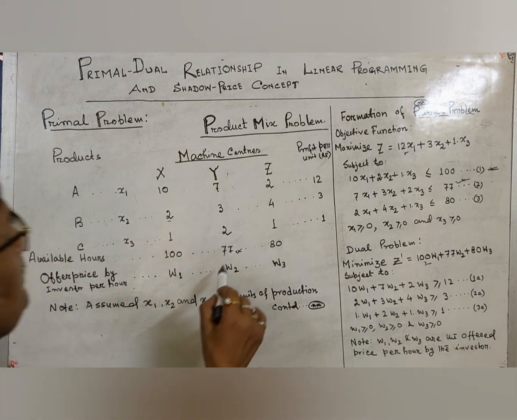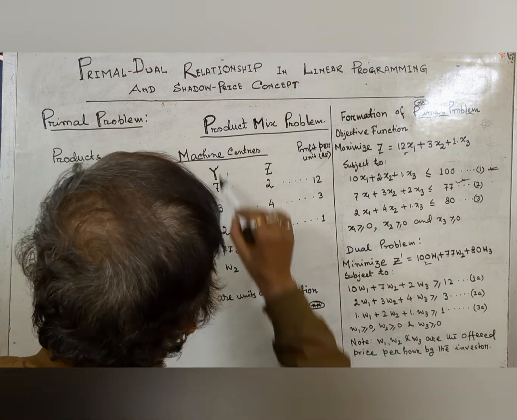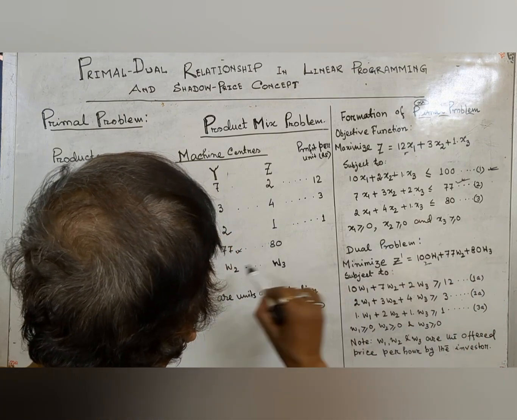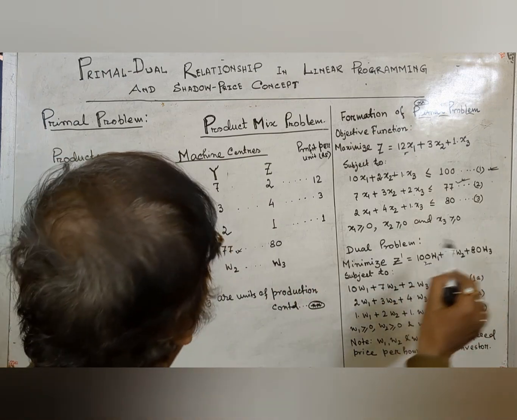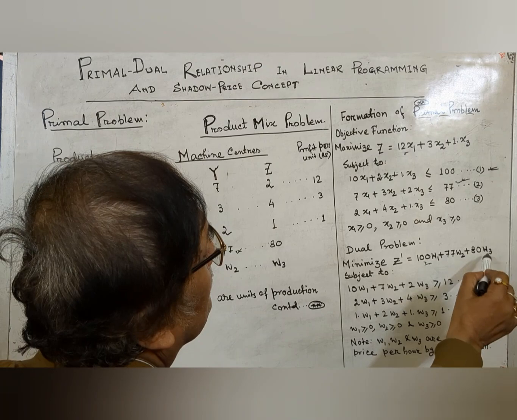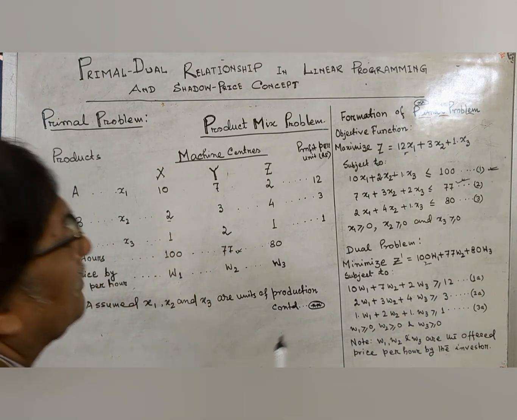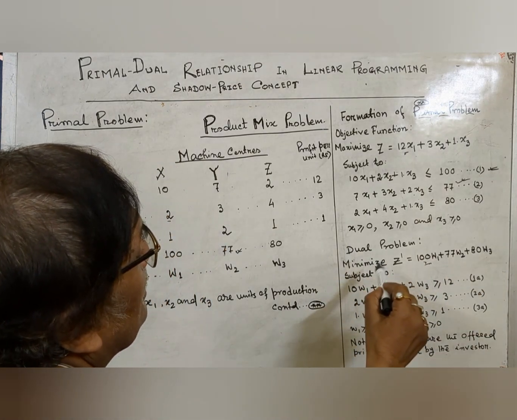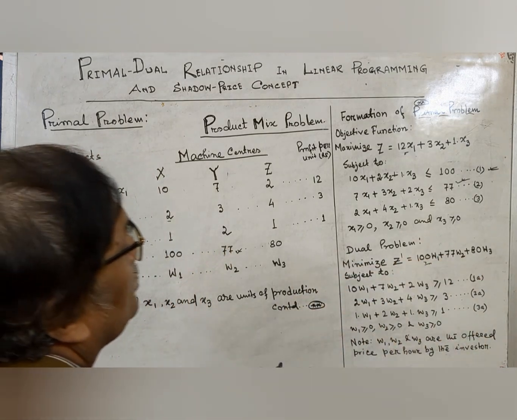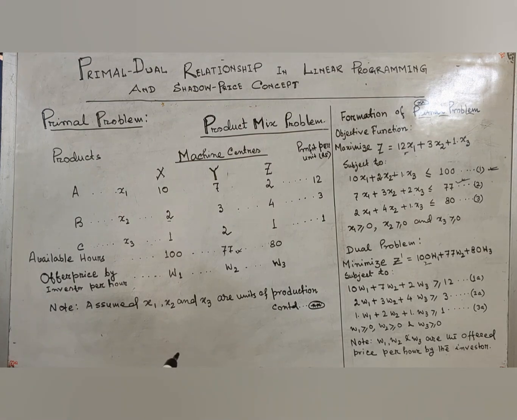Plus 77 into W2 for the polishing department, plus 80 into W3 for the finishing department. The investor will try to minimize this total investment cost, subject to the following constraints.